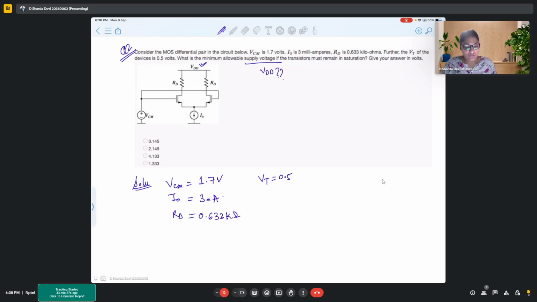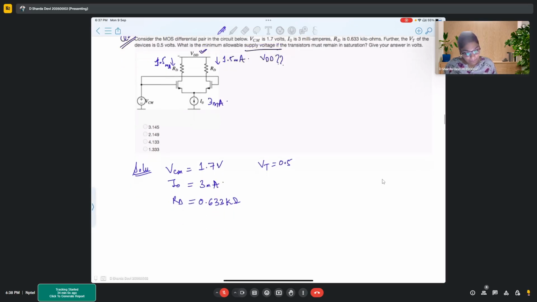The current is 3 milliamperes, so each transistor would carry 1.5 milliamperes. And it is in saturation. So what is the voltage that you would require to use this circuit?